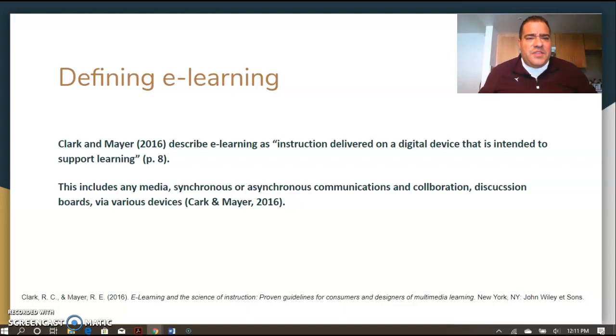But not everything that is e-learning is necessarily some sort of static course. When you look at the definition, and what I like about Clark and Mayer's definition is that they broaden the term e-learning to encompass many things, which is going to tie back to our distance and online learning definitions. And that is, Clark and Mayer describe e-learning as instruction that is delivered on a digital device that is intended to support learning.